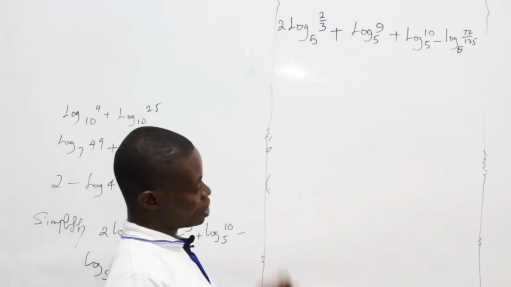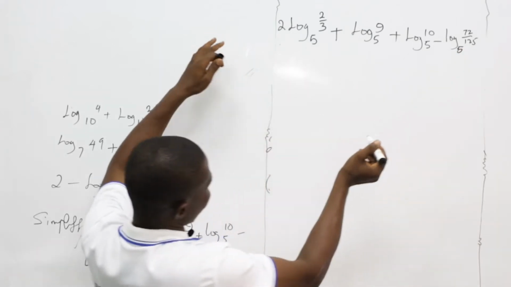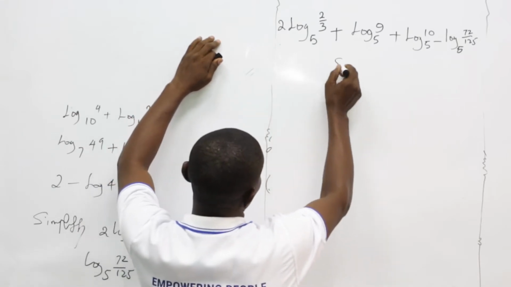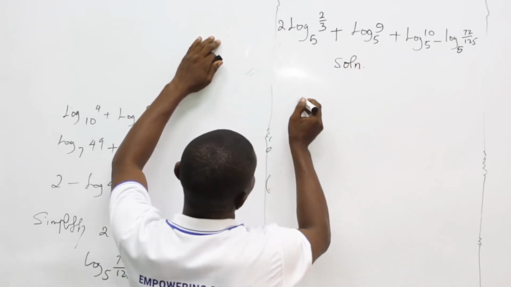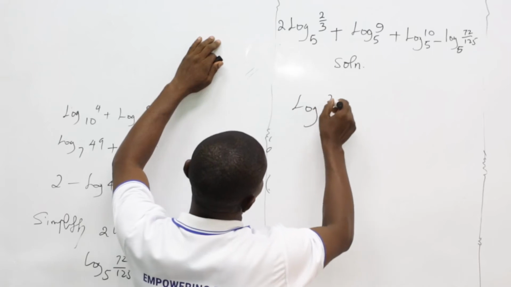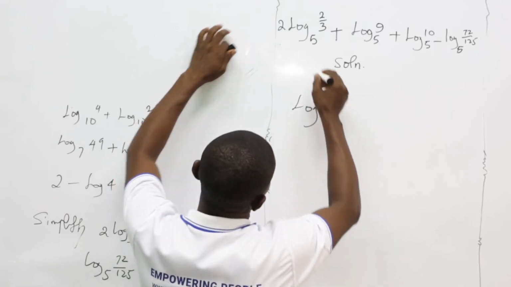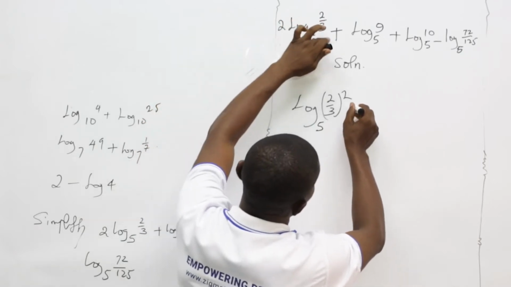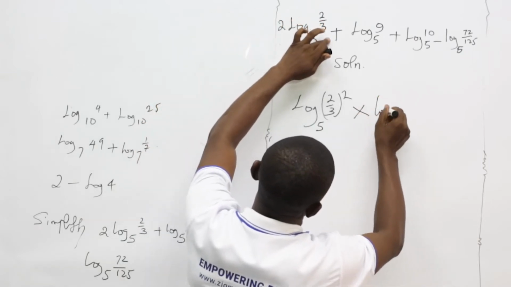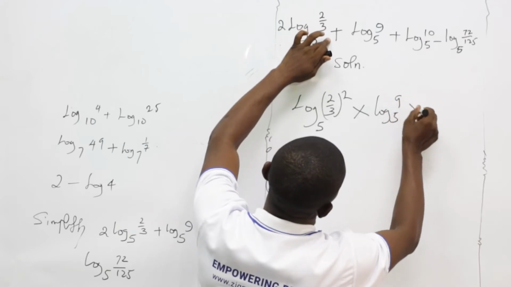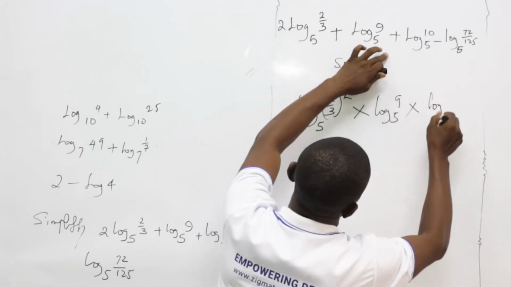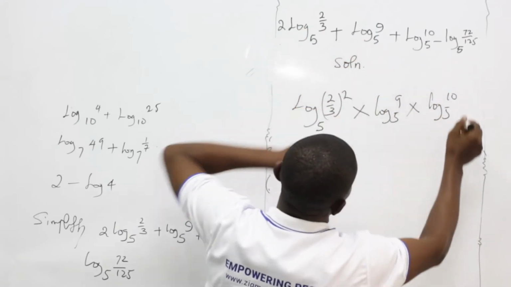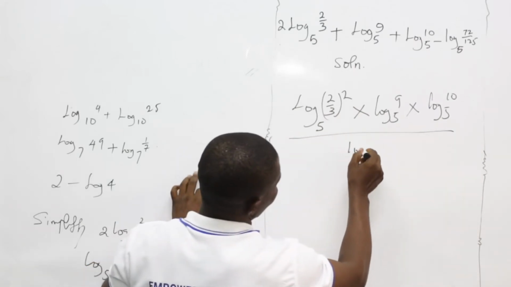You can see this one is a bit long, but you don't need to worry about that. So what do you have? Log this, 2 over 3. According to power law, it will take this base 5. Plus means multiplication. Multiplication. Minus means division.